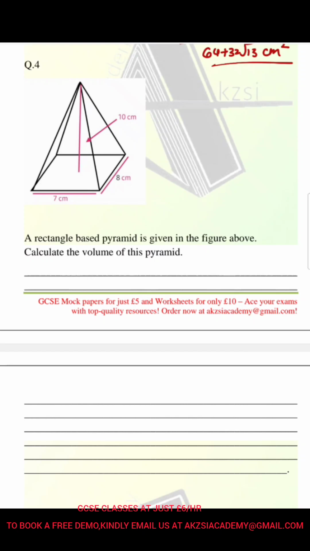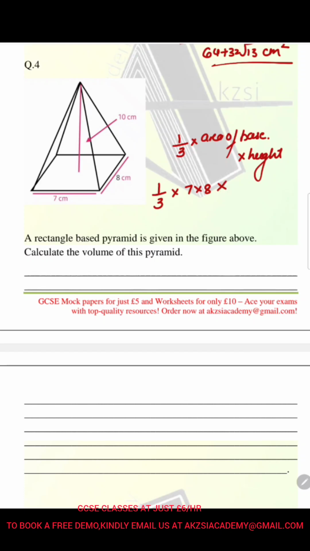So the formula to calculate volume of a pyramid is 1 over 3 times area of base times height. We know that area of this base, which is a rectangle, is length times width. So 1 over 3 and area of this base is 7 times 8 times height, which is given as 10 centimeters here.